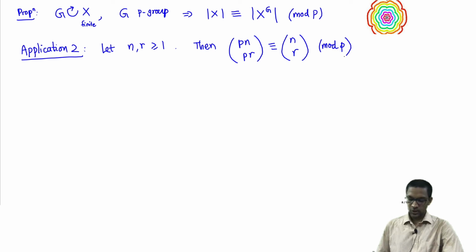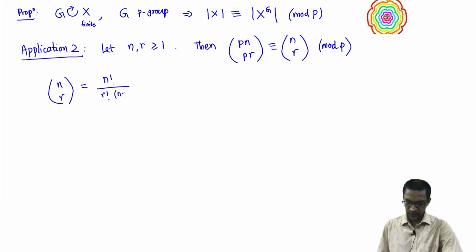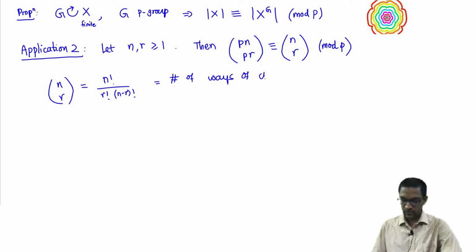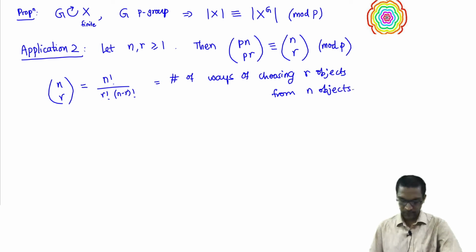Okay, so recall the binomial coefficient n choose r by definition is just the number of ways of choosing r objects from n objects. So that's just n factorial by r factorial times n minus r factorial, the number of ways of choosing from n distinguishable objects from which you have to pick r.